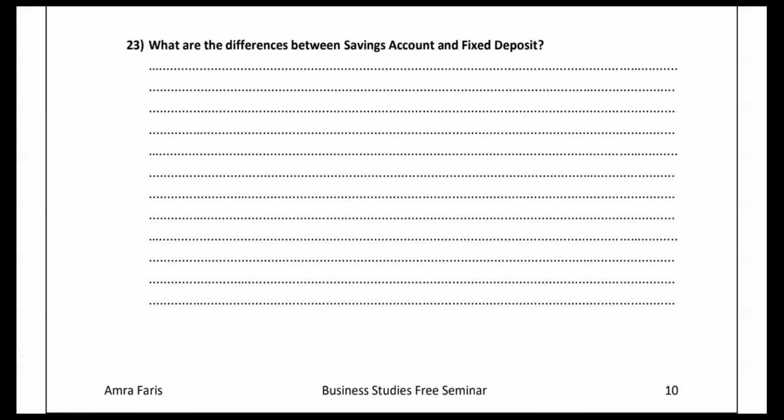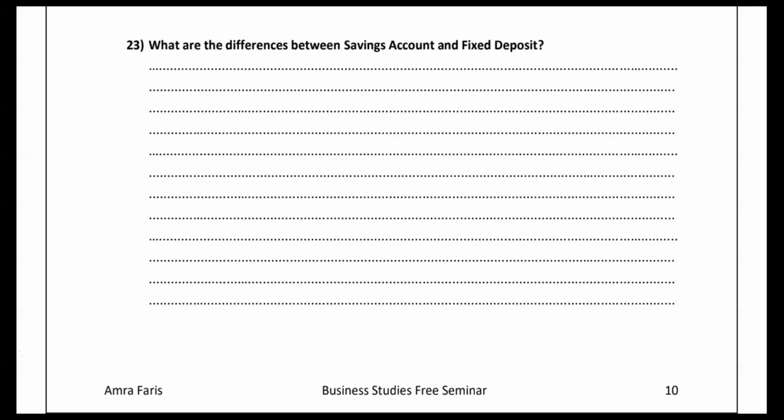So savings account, short-term deposit, but fixed deposit is a long-term deposit because you can only take it after the maturity time period. If you take it before maturity, you will be penalized. Penalties will be there, or they will give you reduced interest, something like that.